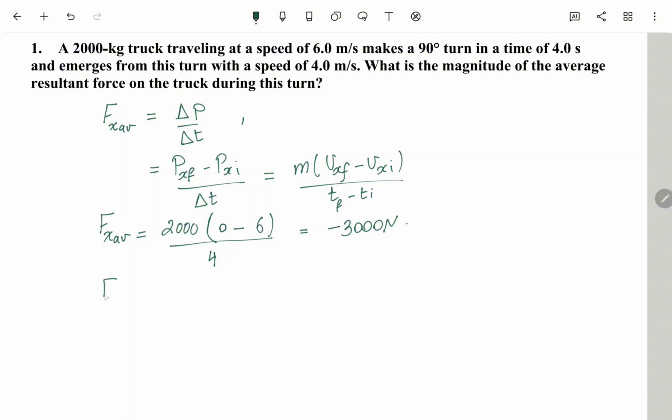Again, let's find Fy average, which equals delta p over delta t, or mass times v final y minus v initial y divided by delta t, which is t final minus t initial.